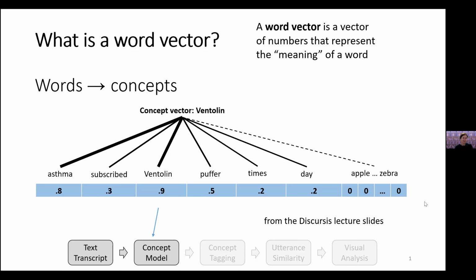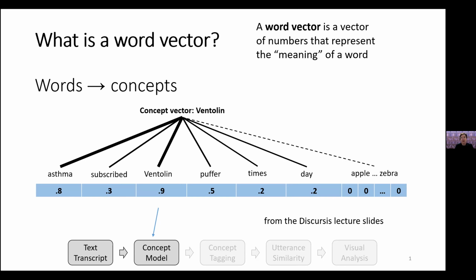You might have 10,000 words in your vocab, 6 of them co-occur with Ventolin, and the other 10,000 minus 6 don't. So that's apple to zebra, and all of these are 0. So what you've've got here is a vector of numbers, and this vector of numbers could represent the meaning of the word Ventolin.